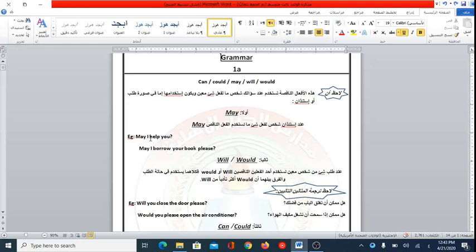May I borrow your book, please? Focus here, the form is may followed by the pronoun I followed by the base form of the verb. May I borrow, the base form of the verb. This is the form of using may when you ask someone to do something.